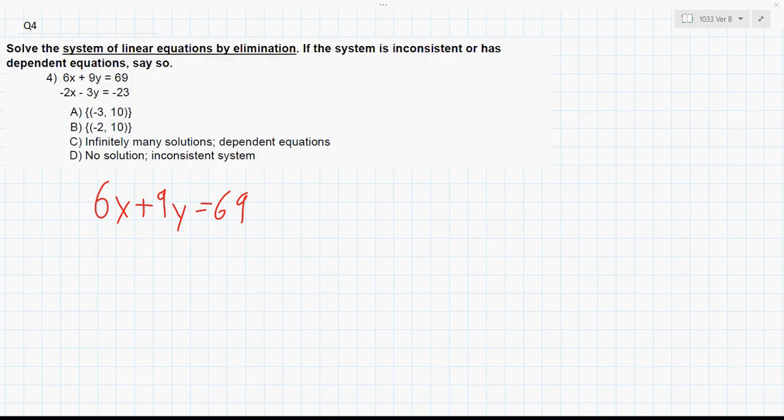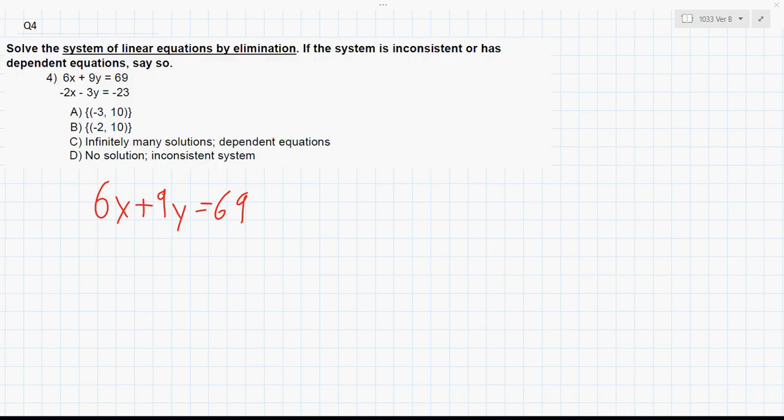Let me go back to this and go to 6x plus 9y equals 69. And then you see the other one, which is negative 2x minus 3y equals negative 23. And we want to eliminate one of the variables.